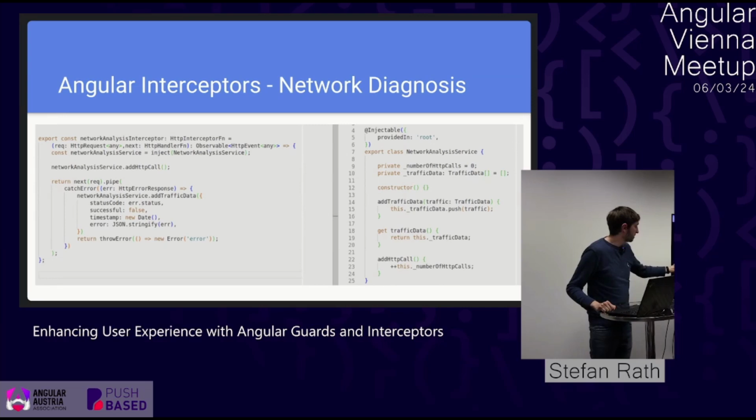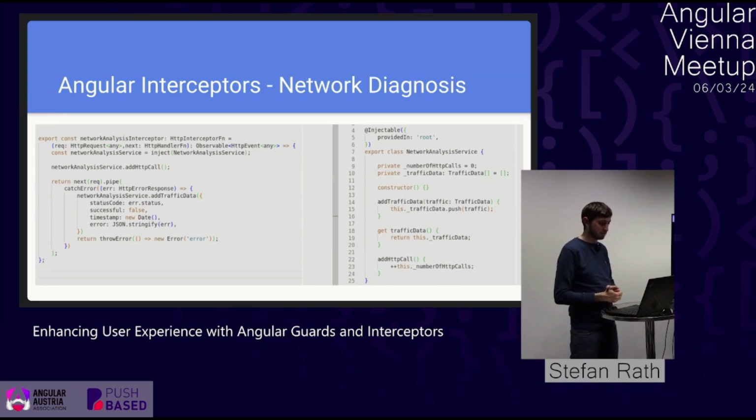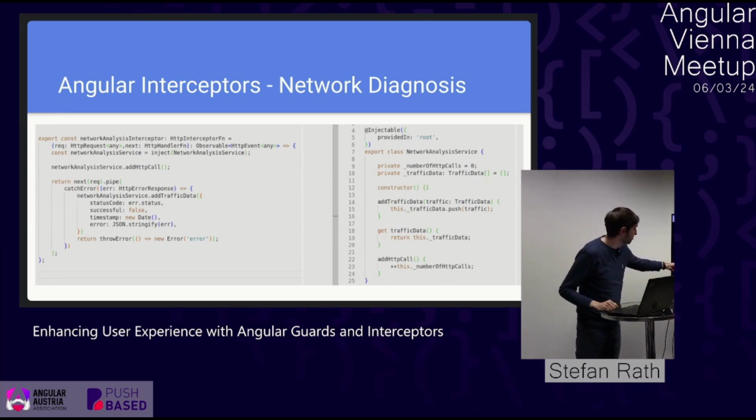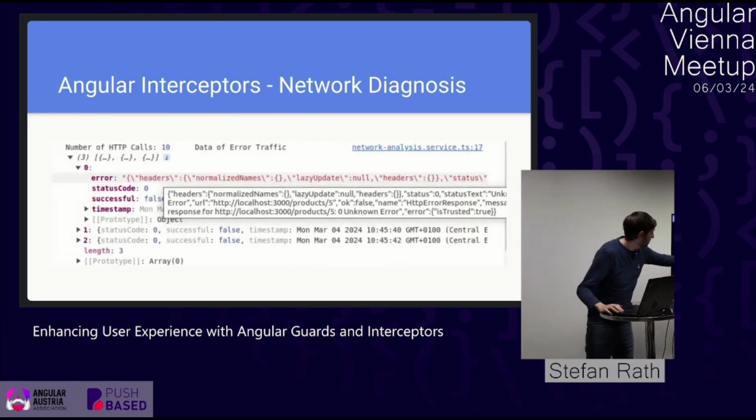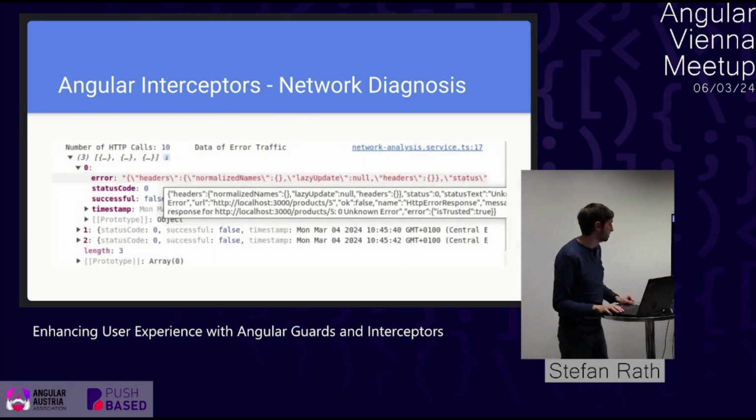We have the network analysis service that I created, and we add just +1 for an HTTP call. We do it for every call that you get, and then we catch errors and we store them as well in this service. Whenever we receive an error, we store it like this in our service.